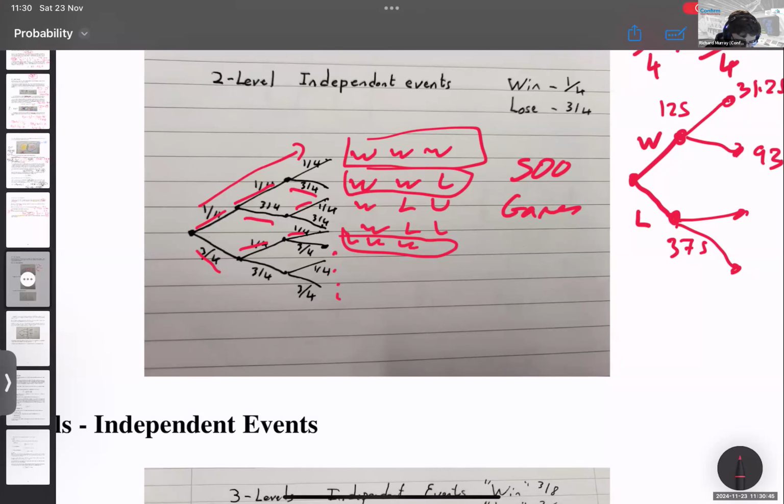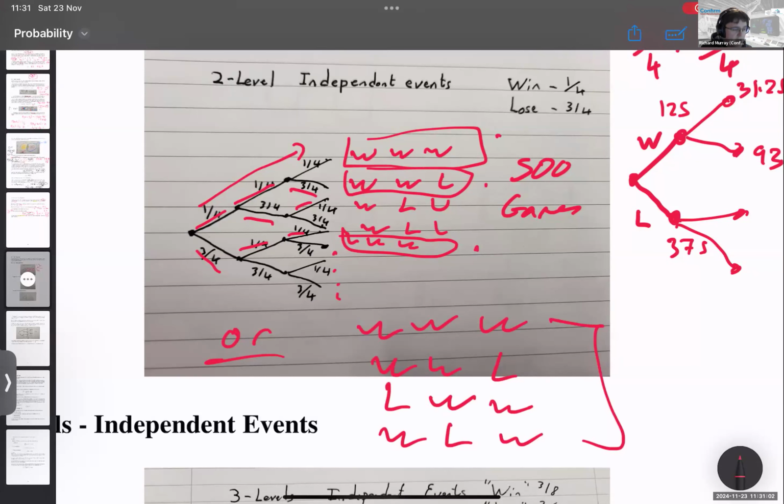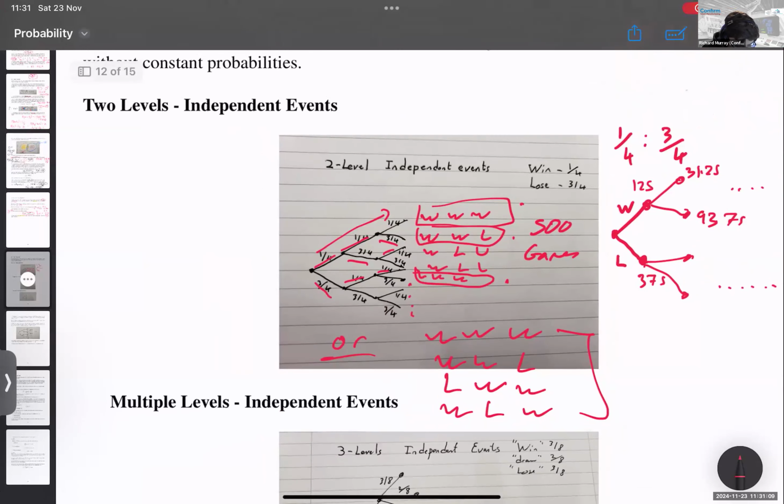And you would find the probability of this one, or this one, or this one. So we're using our or rules again. So we'd have our win, win, win, our win, win, lose, our lose, win, win, and we would also get our win, lose, win options. And we would carry that out as well, and we'd add it all up. This is the most common style of tree diagram you will come across in probability.